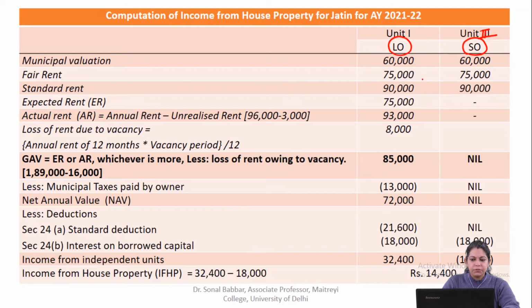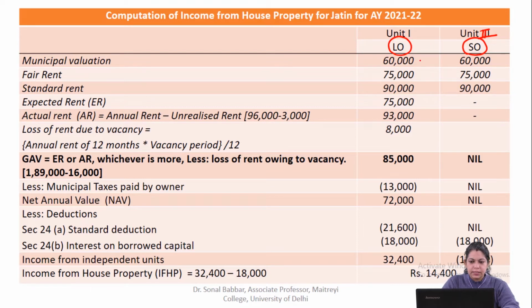Fair rent 1,50,000 again divided into two equal parts, 75,000 for the let out portion and 75,000 for the self-occupied portion. Standard rent, the total is 1,80,000. Half of it will go for the let out unit, and half will go for the self-occupied unit. So we compute the income from house property for Unit 1 first.